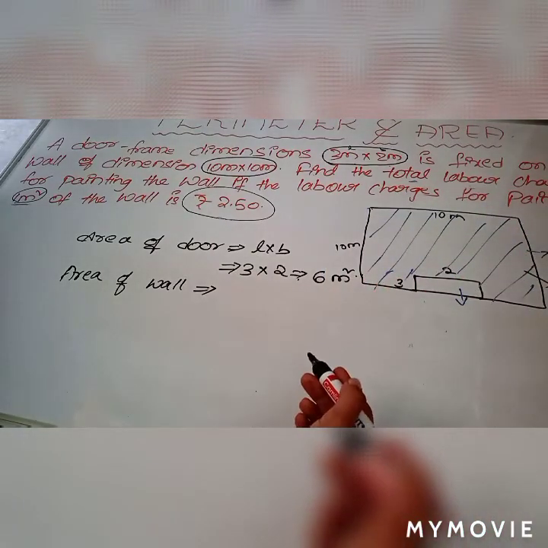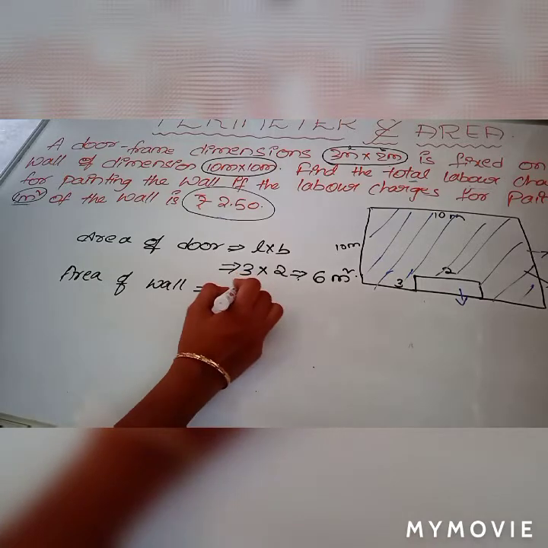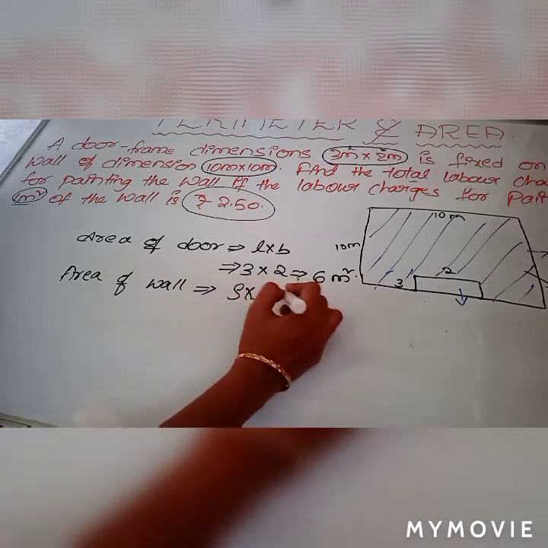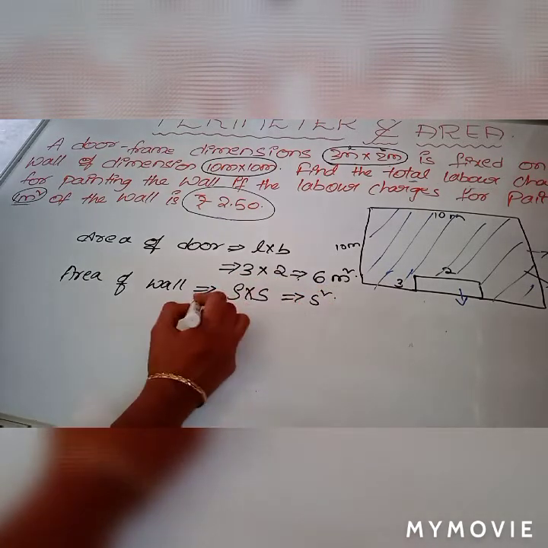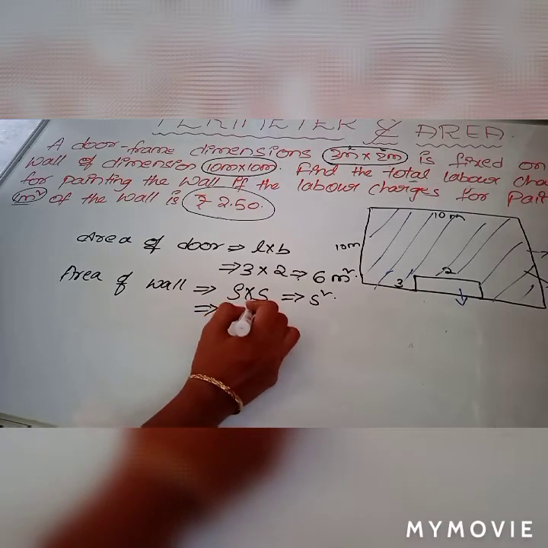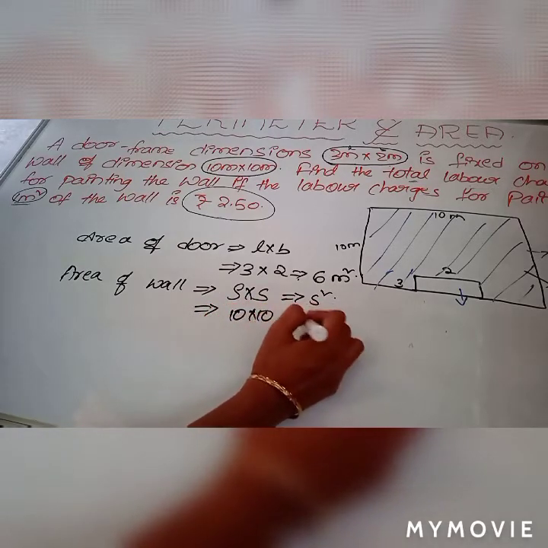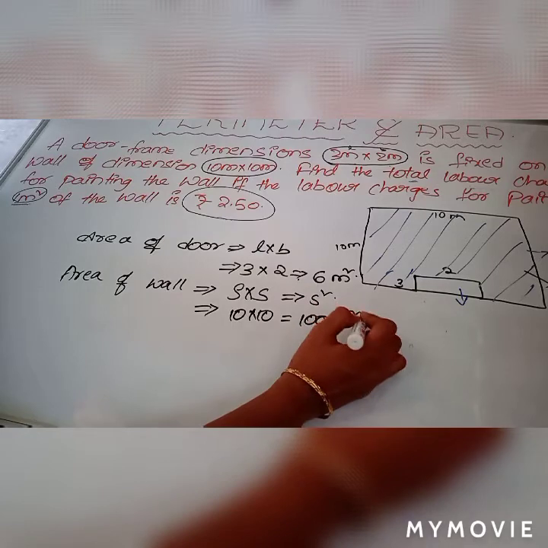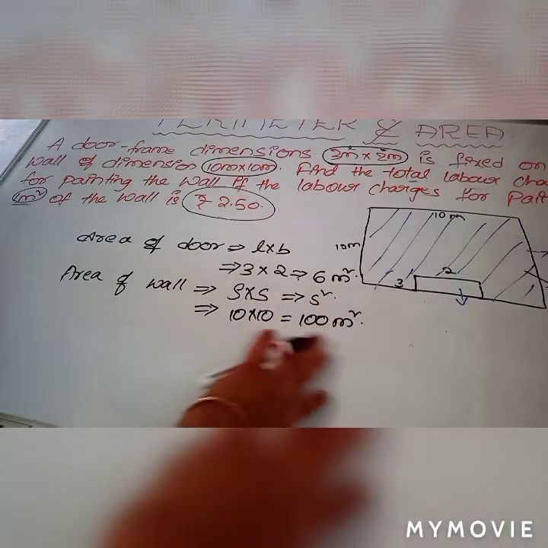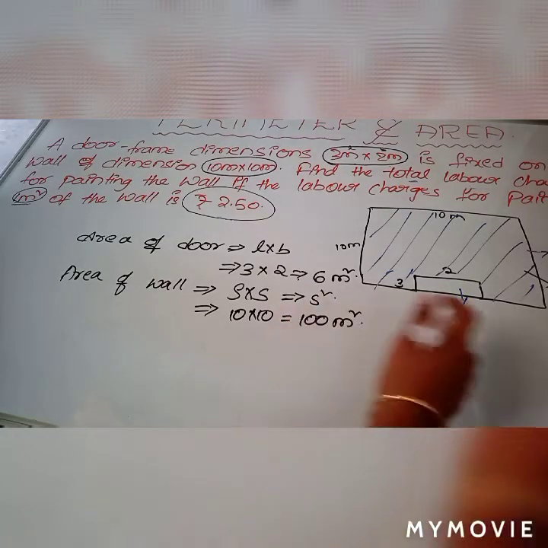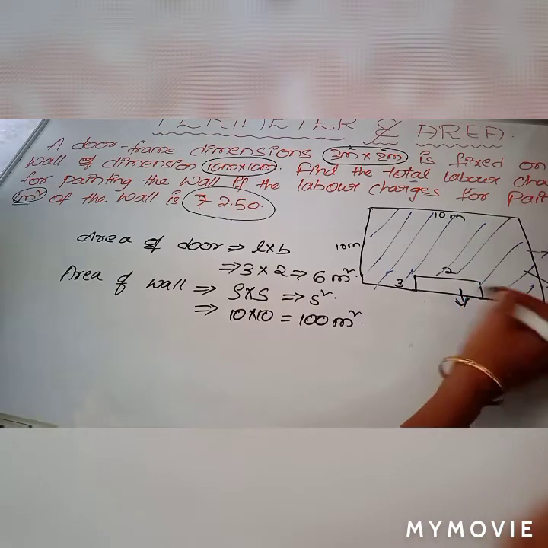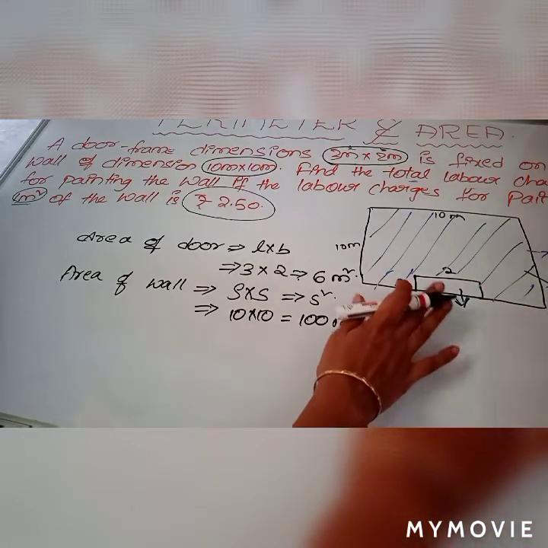So what is the area of a square formula? Side into side, that is side squared. What's the given side? 10 meters into 10 meters, that is 100 square meters. So the area of the wall is 100 square meters including this door.